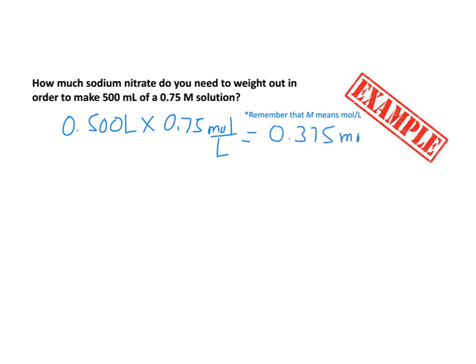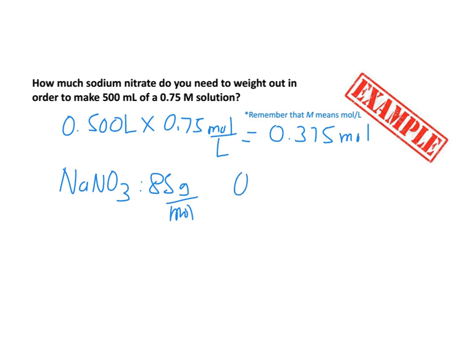0.375 moles. Now that we have moles, we need to find how many grams that is equivalent to. If you remember, the formula for sodium nitrate is NaNO3, and the molar weight for that is 85 grams per mole.